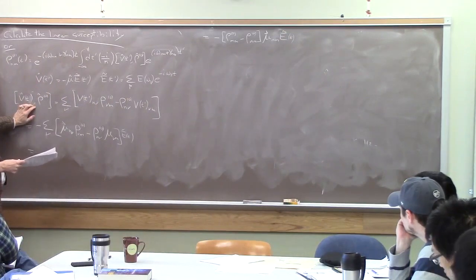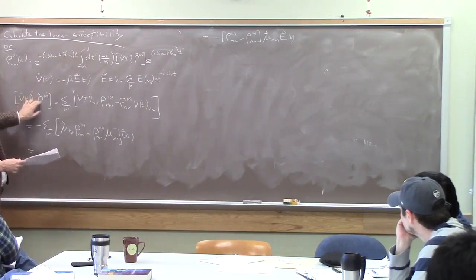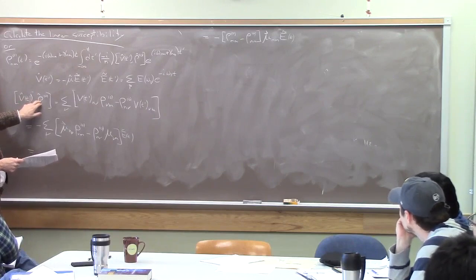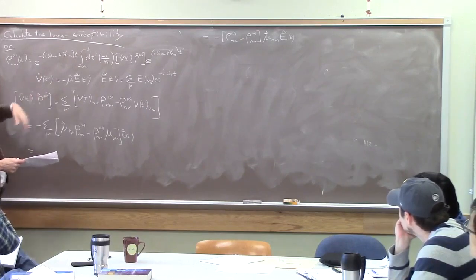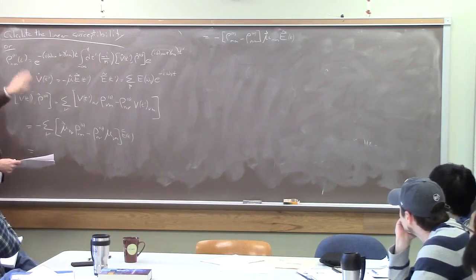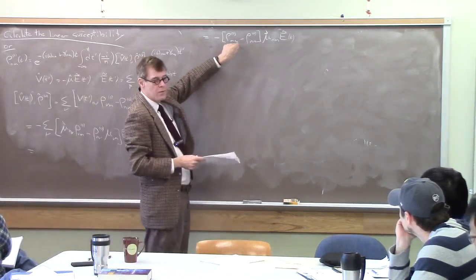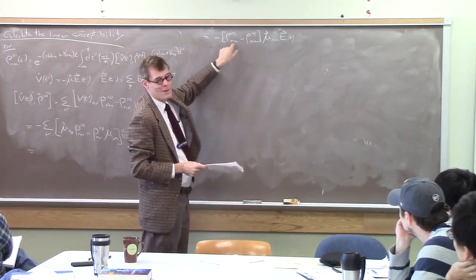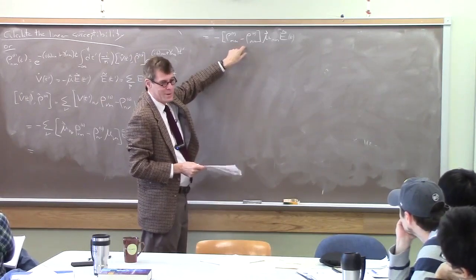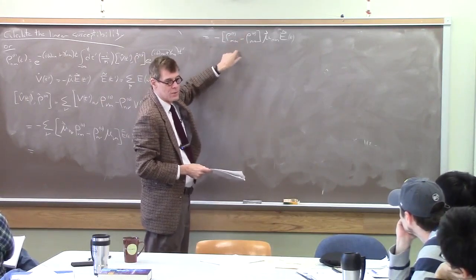Okay, so the commutator of v with rho 0, and of course rho 0 we assumed had only diagonal elements. So the commutator depends only on the diagonal elements, because at zeroth order, that's all you have.